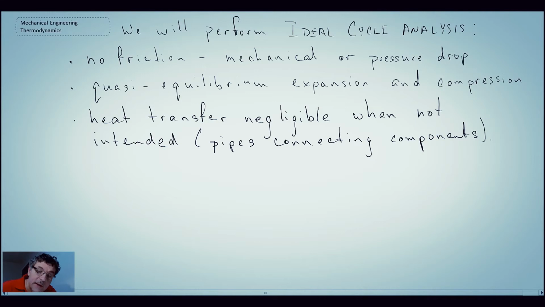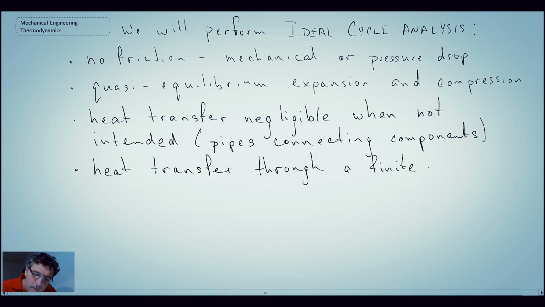And another assumption that we will make as part of ideal cycle analysis is that heat transfer is going to be through a finite temperature differential. And what this means is that the cycles that we're analyzing are not externally reversible.